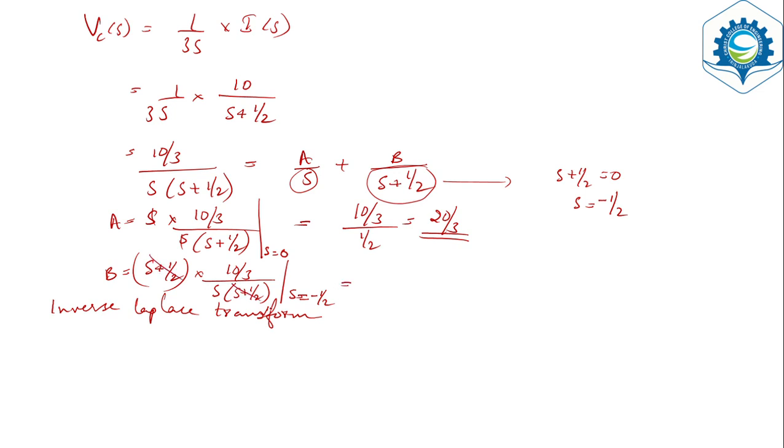You do the cancellation first, and then wherever you find S, you substitute it by minus 1 by 2. So that will be 10 by 3 divided by minus 1 by 2, that will be minus 20 by 3. And now you can just substitute it over here. What will you get? 20 by 3 by S plus minus 20 by 3 divided by S plus 1 by 2.